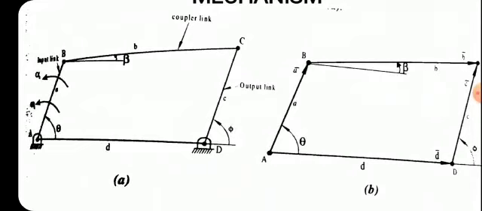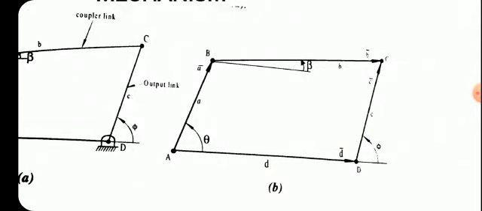In a 4-bar mechanism, first you draw it. AD is a fixed link, AB is an input link, BC is a coupler link, CD is an output link, and see the angles. AD is a fixed link, which makes with AB, the crank, an angle of theta. BC, the coupler link, makes an angle of beta, and CD, the output link, an angle of phi.